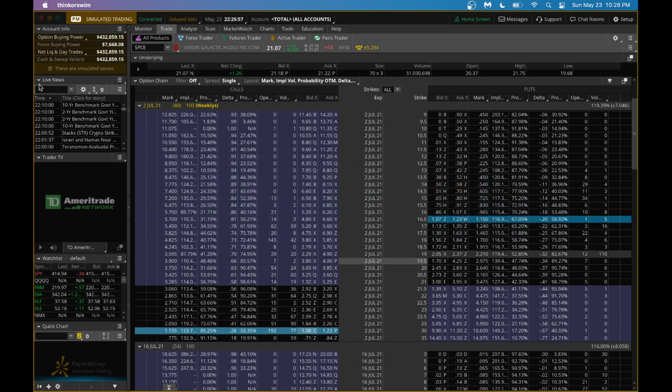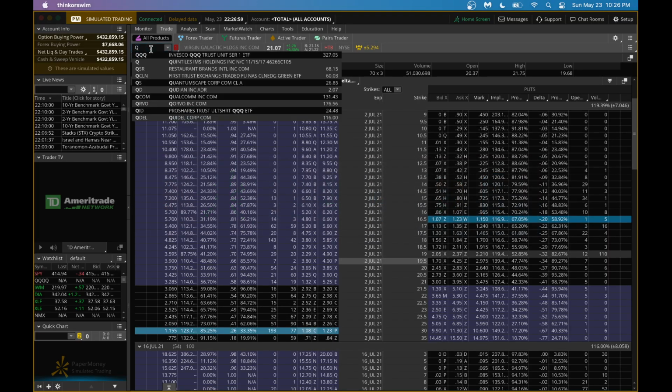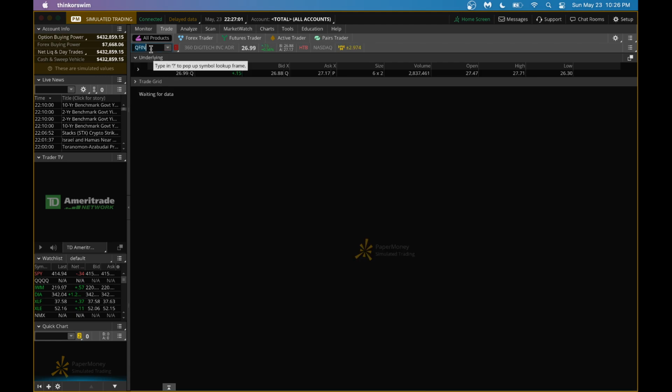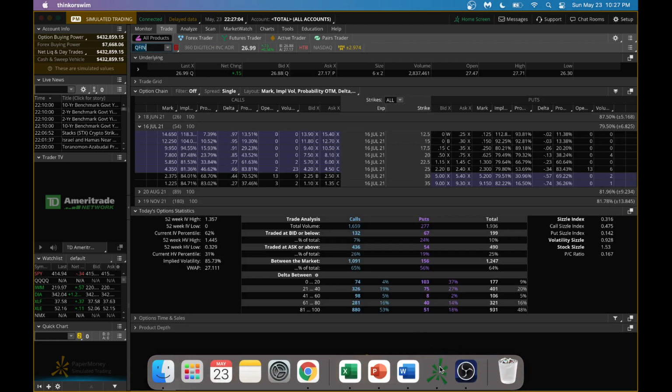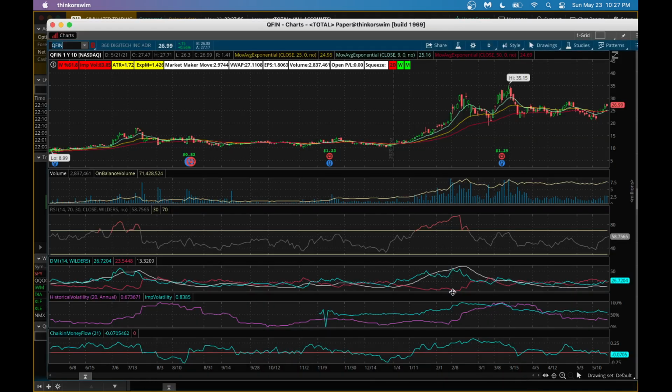So let's go back to Thinkorswim here. QFIN is our symbol here. And let's go to the chart and see how the stock is doing. So earnings here, the stock kind of went down a little bit. Earnings, the stock went down a little bit. Earnings here, the stock went up and down a little bit. And now we've got one more earnings.